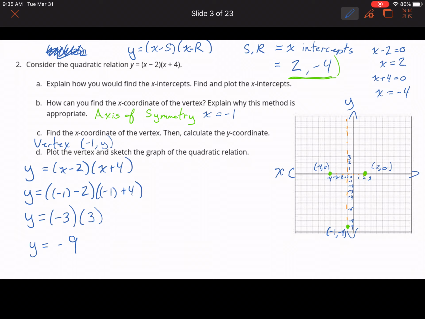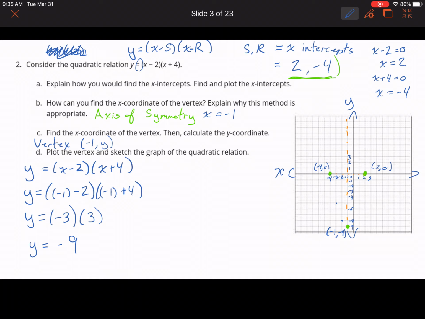So now we've got 3 points, and we can just draw those in, or we can also look that we don't have an a value in our equation, so we know what the pattern should be. So we should be able to go over 1, up 1, over 1, up 3, over 1, up 5. Yep, we're correct.